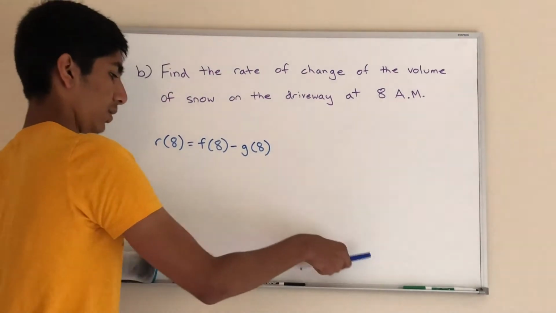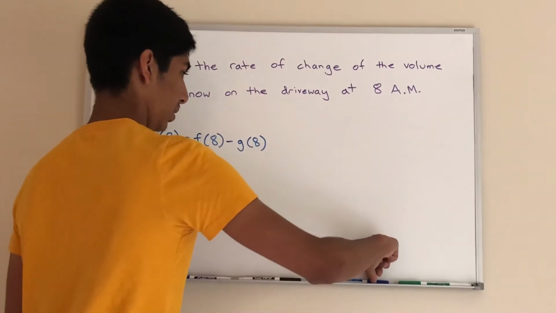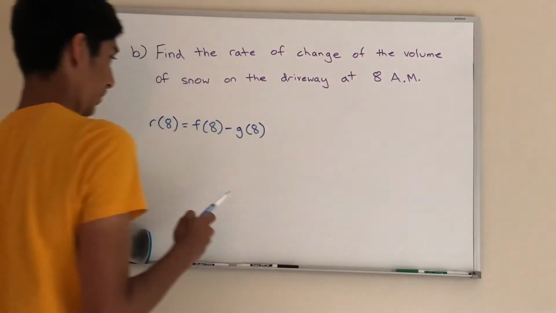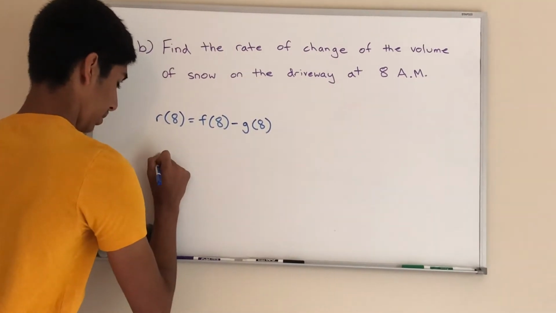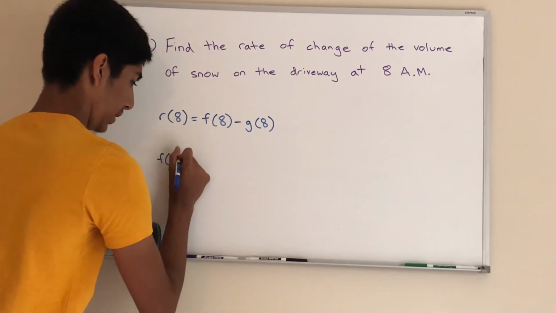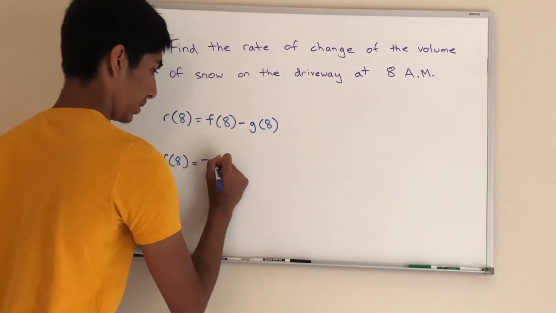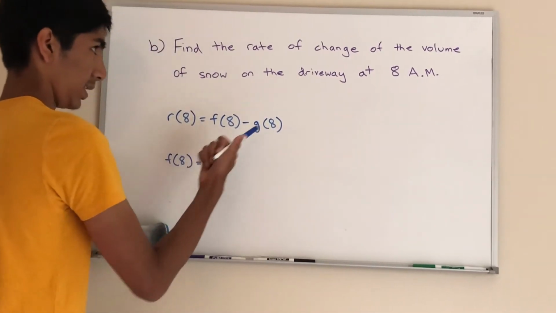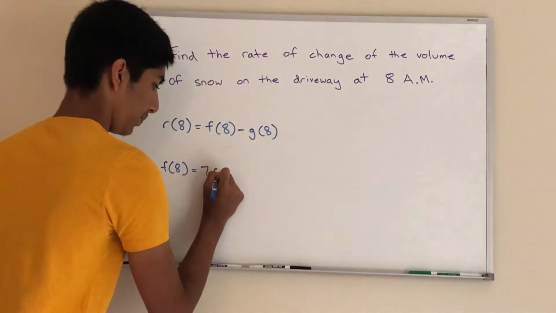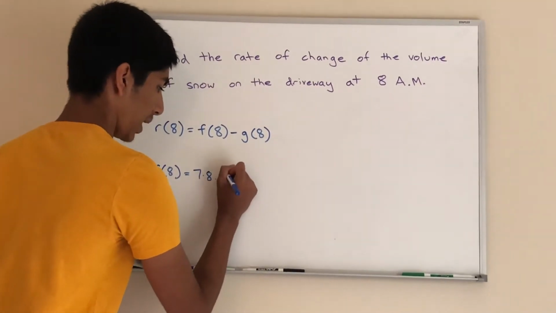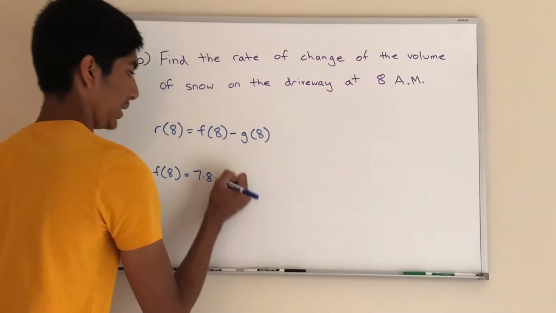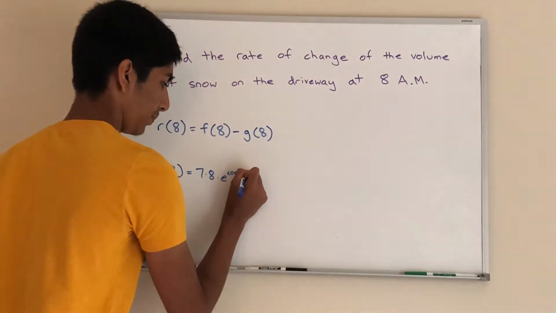So then, we already know that f(8) is going to be equal to 7 times t, in this case 8, times e to the power of cosine of t, which is again 8.